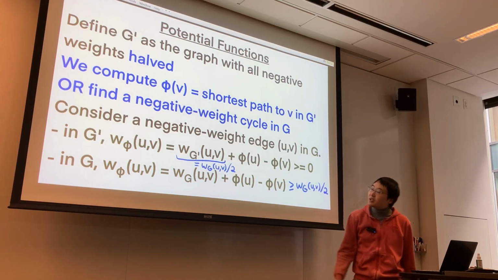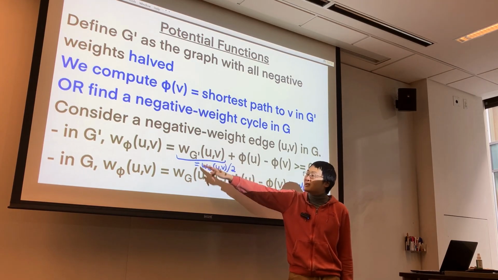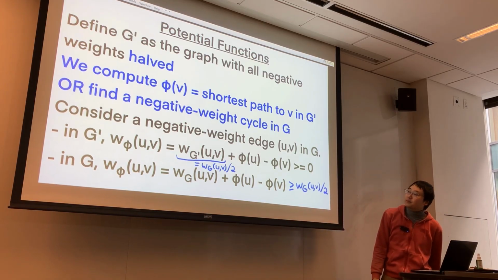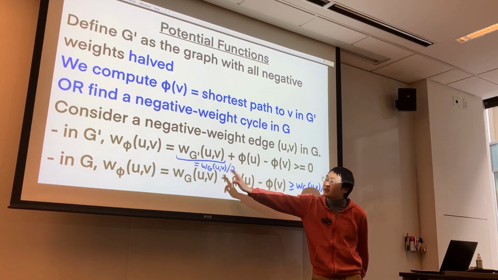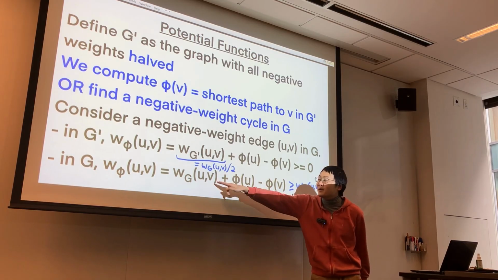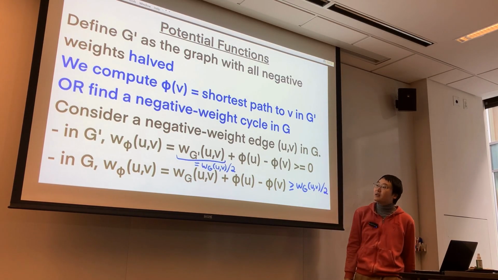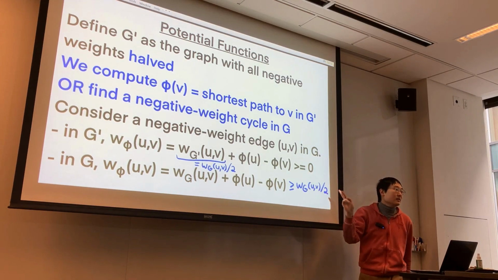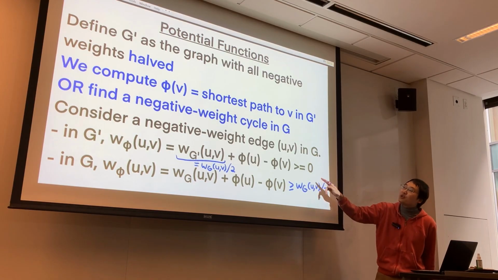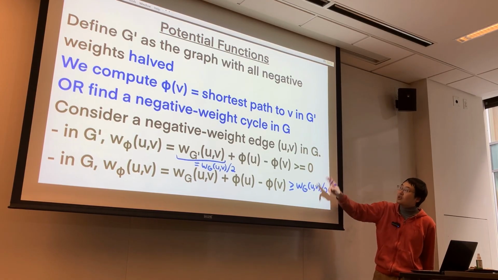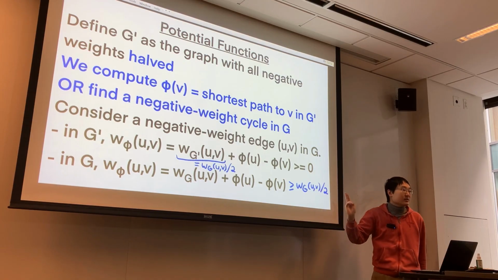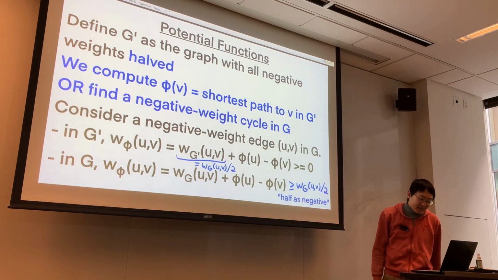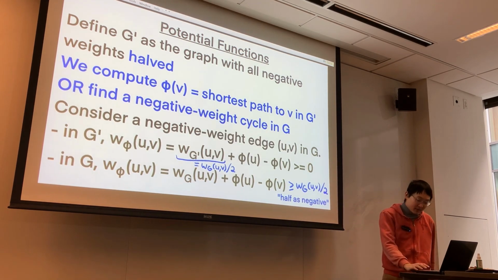By definition, this G prime has half the weight, which means that if you increase by another half, we know that this new weight is at least the old weight halved. Recall, we're assuming that this is a negative weight. So the new negative weight is half the old negative weight. So what does that mean? That means it's half as negative.